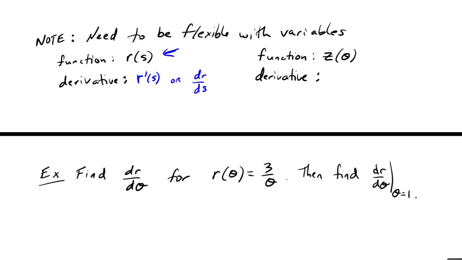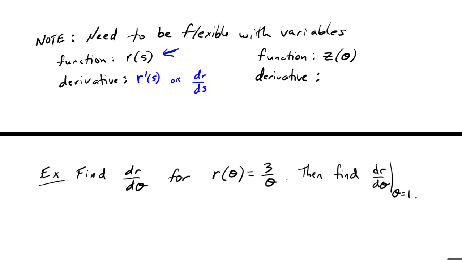The Leibniz shows that a little more clearly, because it's saying the derivative of r with respect to s. So that's where the ds is showing basically with respect to s.